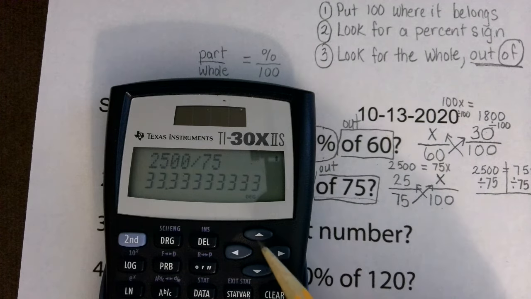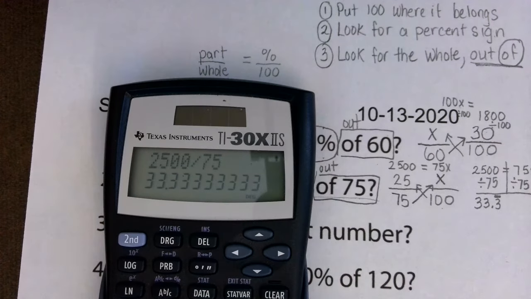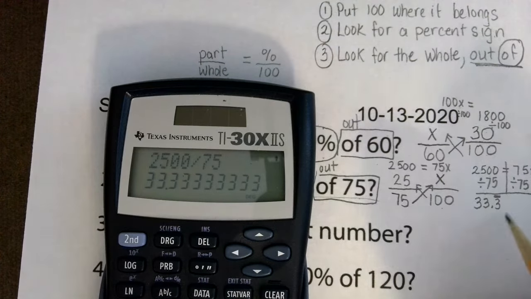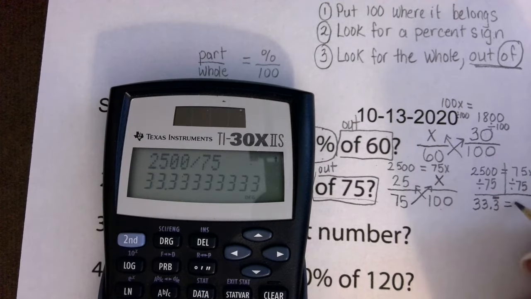So I get 33.33333. So I'm going to say that that's 33.3. And then I put this repeating line over that 3, which means that that 3 just keeps repeating on and on. 75 divided by 75 is just 1x.